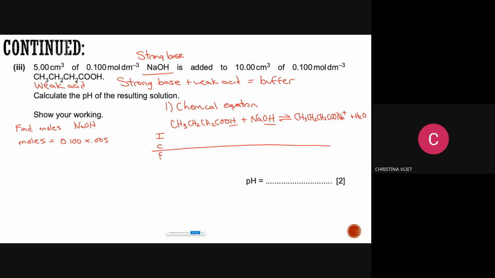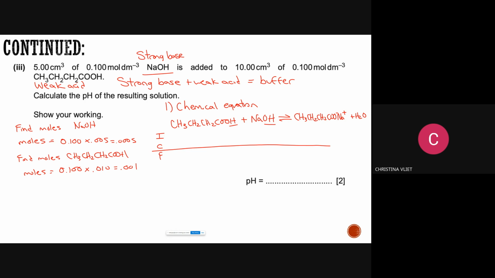I get 0.0005. Don't miss a zero. Find moles of butyric acid. Just making sure it's labeled correctly. Moles is 0.1 times 0.010. I think it's 0.001.